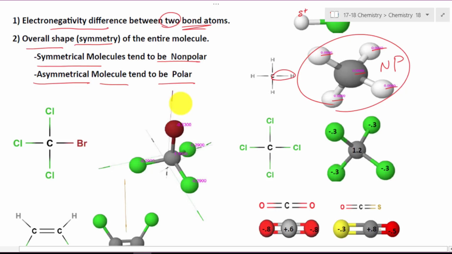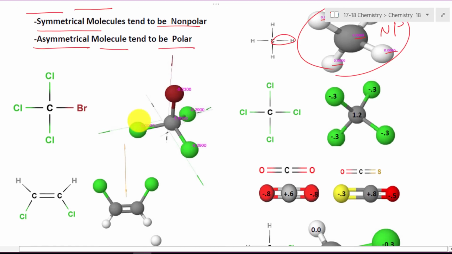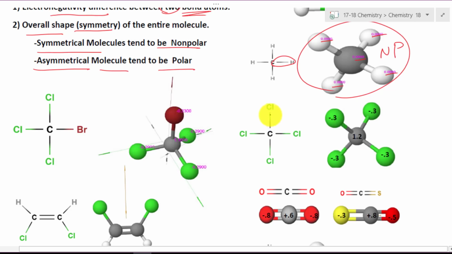But what about when we have more complicated molecules that have a lot of atoms in them, and a lot of bonds involved? Now we have to look at the overall shape of the molecule. We have carbon bonded to 4 different chlorines, right? And when I take the Lewis dot structure and generate the 3D model, look what we have.